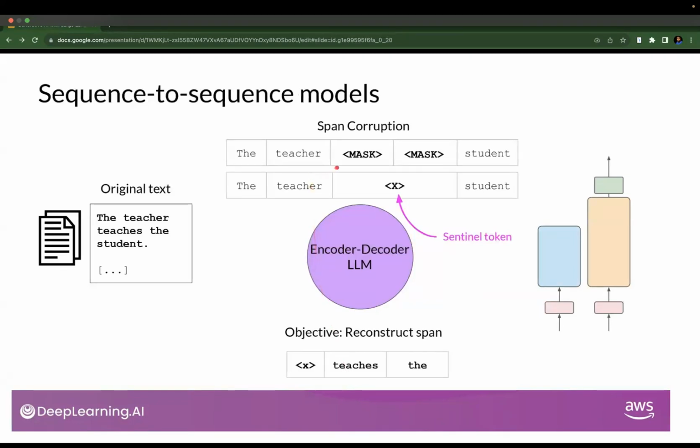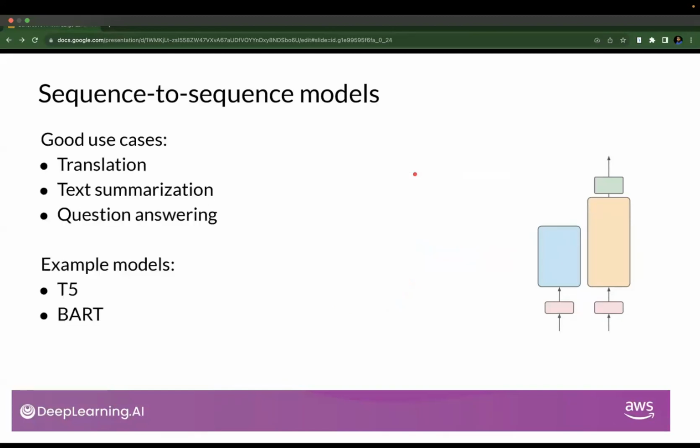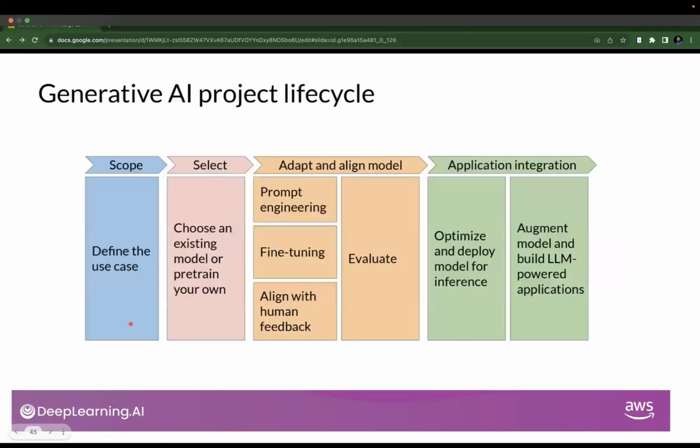So what we do is during testing, we mask a span of more than one token, and in the decoder, we try to reconstruct this span, like what words would fit in that span. These sequence to sequence models are best suited for translation, text summarization, as well as question answering. T5 and BART are examples of sequence to sequence models.